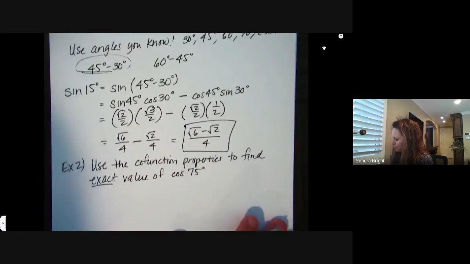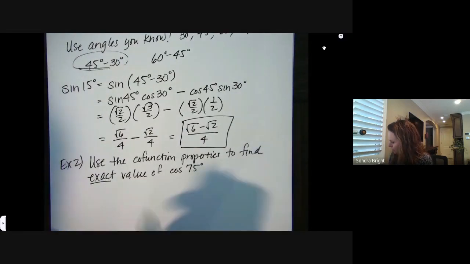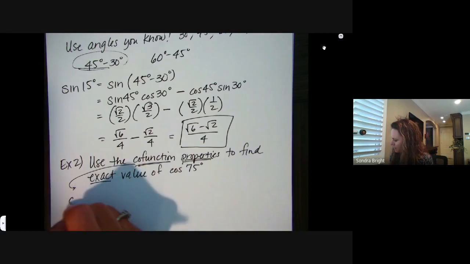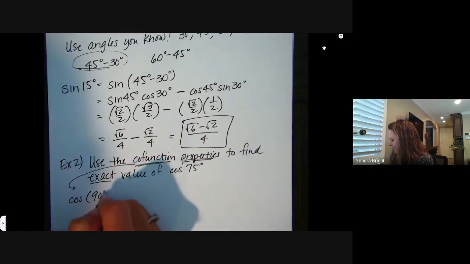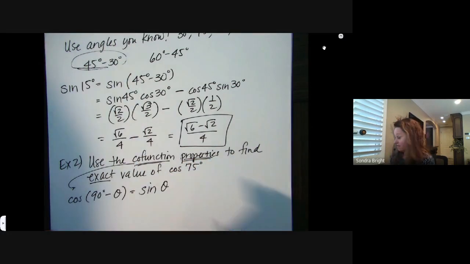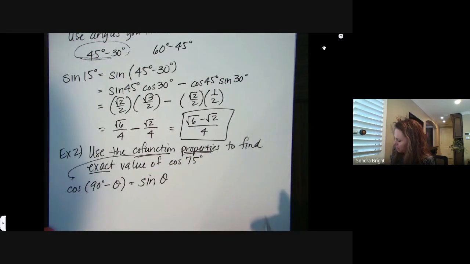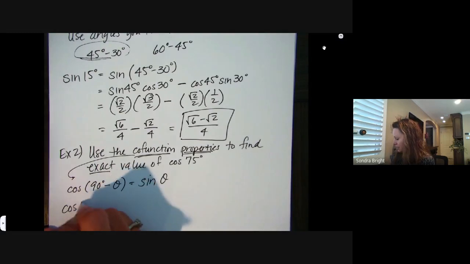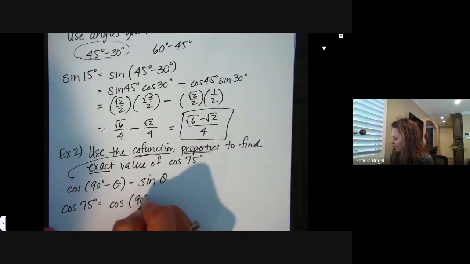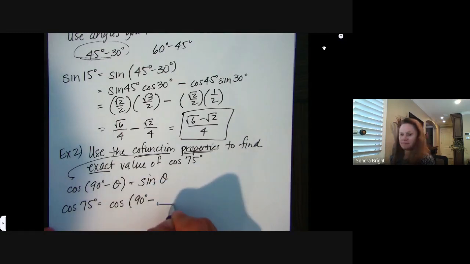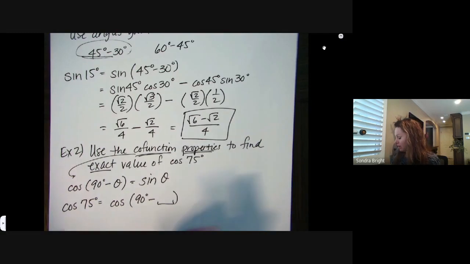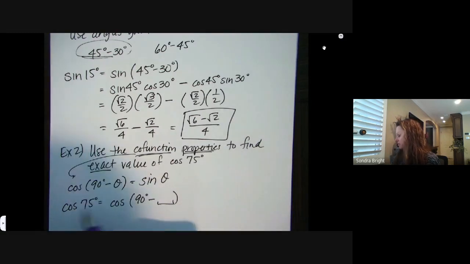All right, so the cofunction properties say that cosine of 90 degrees minus theta is equal to sine of theta. So if I want cosine of 75 degrees, that's equal to cosine of 90 minus what? So 90 minus what will give me 75 degrees?